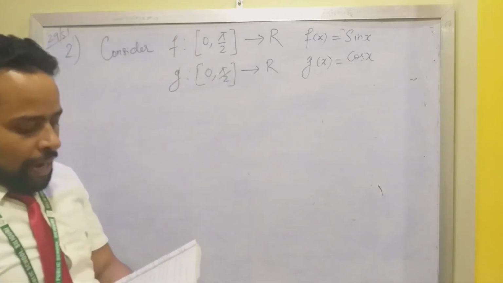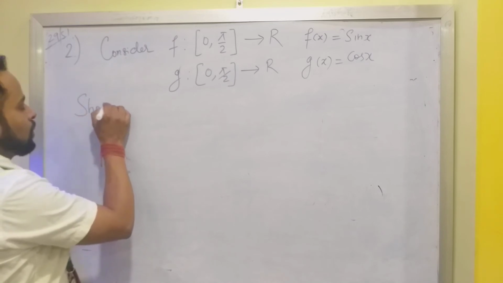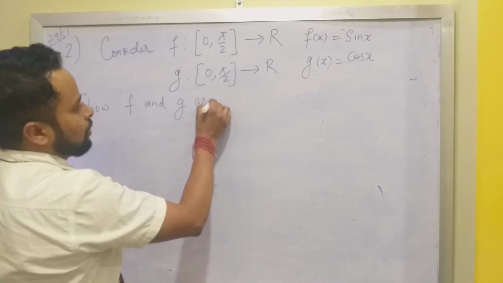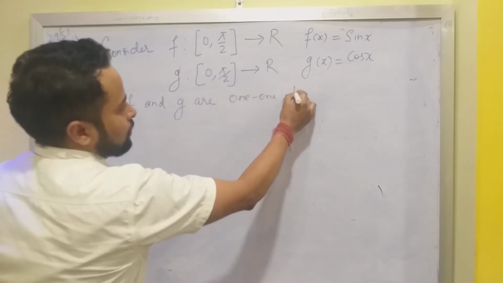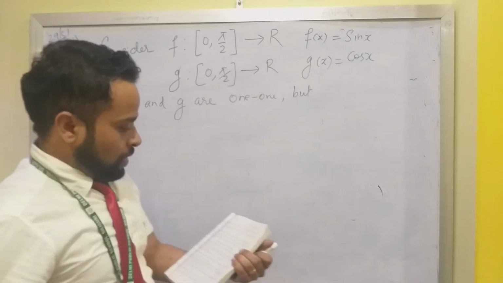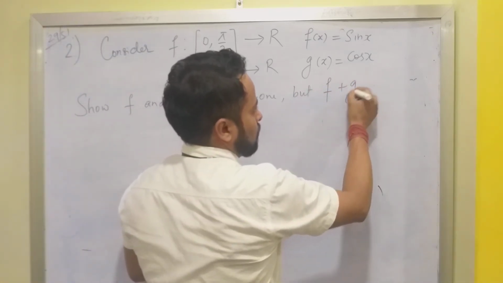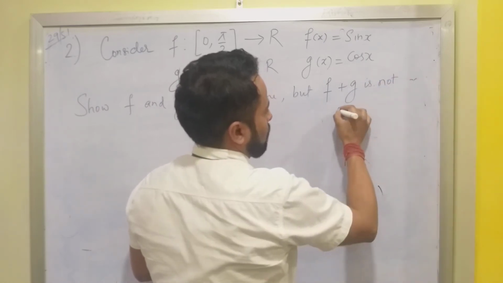Show that f and g are one-one functions, but f plus g is not one-one.